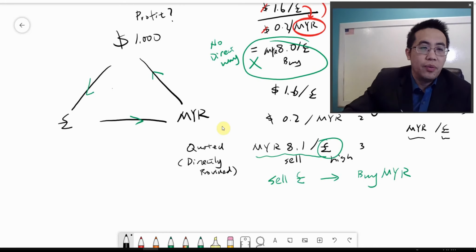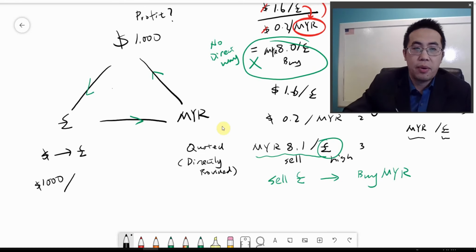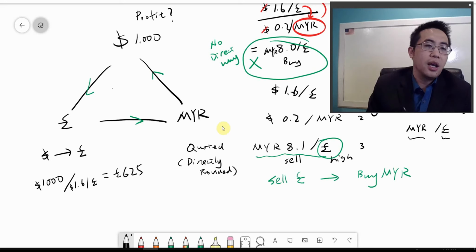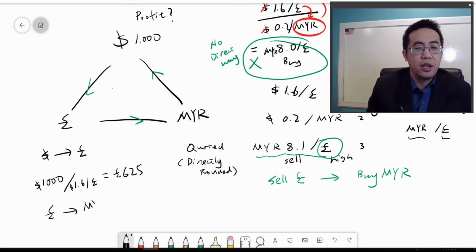If you use a dollar to get some pounds, then for $1,000, you will need to divide by the price in direct quote. There's no bid-ask for simplicity, and it is $1.6 per pound, and this will give you 625 pounds. Then you do a pound to ringgit conversion.